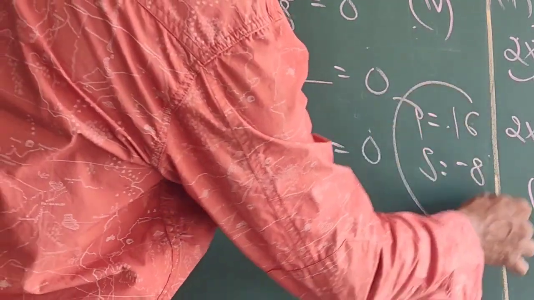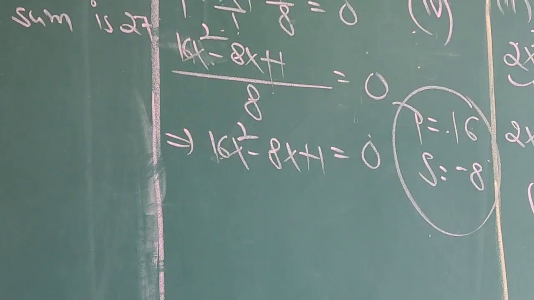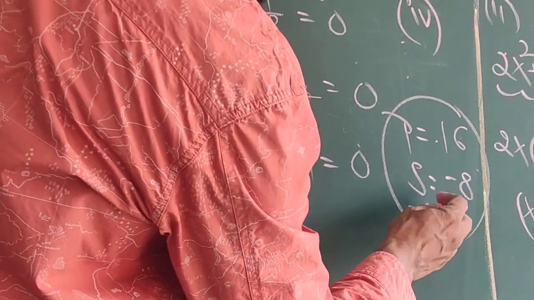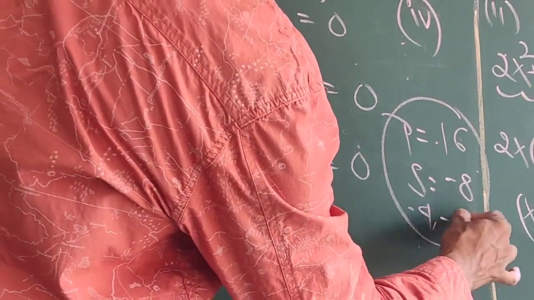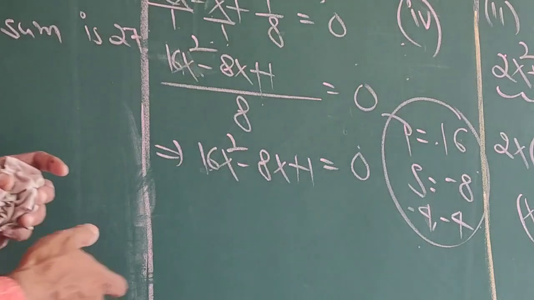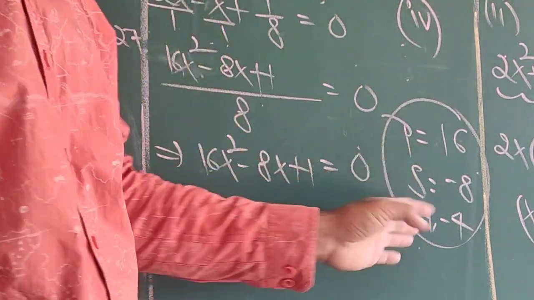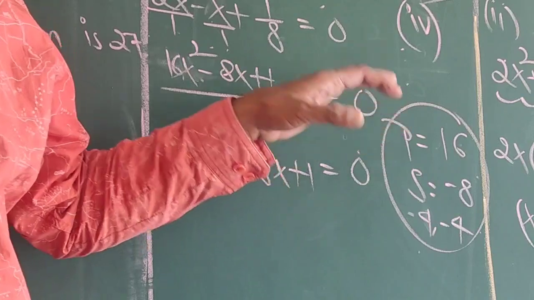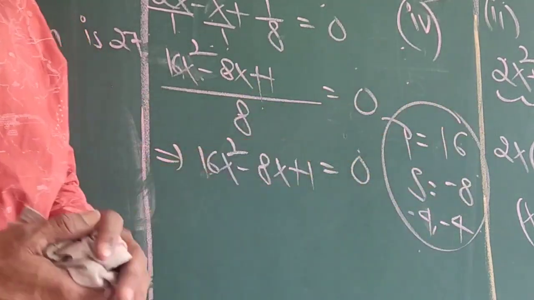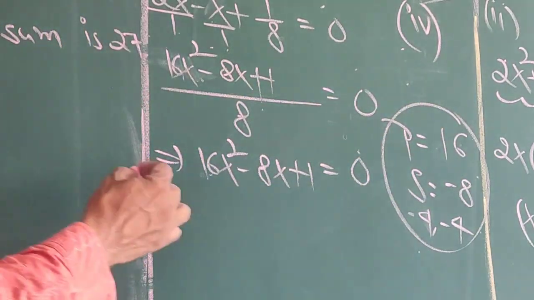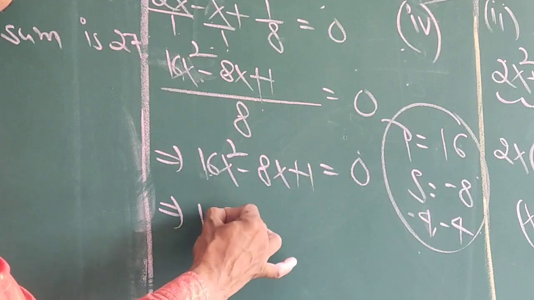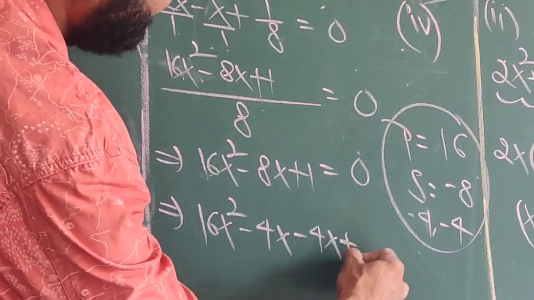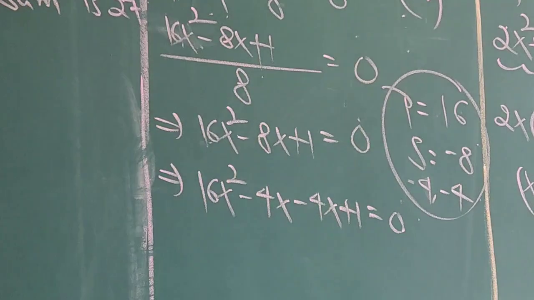These two factors are minus 4 and minus 4, because when we multiply minus 4 with minus 4, this is plus 16, and when we add minus 4 and minus 4, it is equal to minus 8. So it can be written 16x square minus 4x minus 4x plus 1 equal to 0.